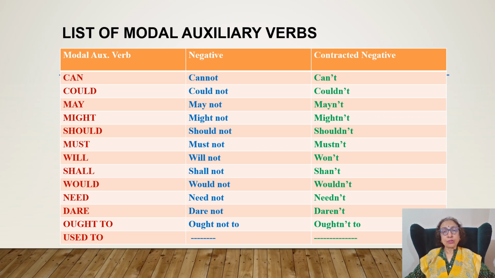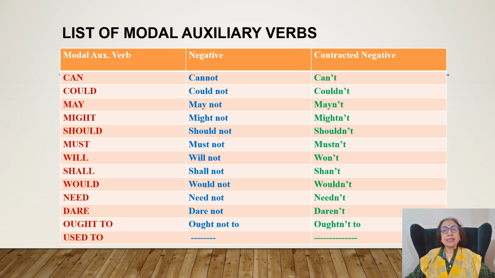Here there's a change. Spelling has also changed. Shall not, shan't. You see again, change is there. Would not, wouldn't. Need not, needn't. Dare not, daren't. Ought to, ought not to, and oughtn't to.